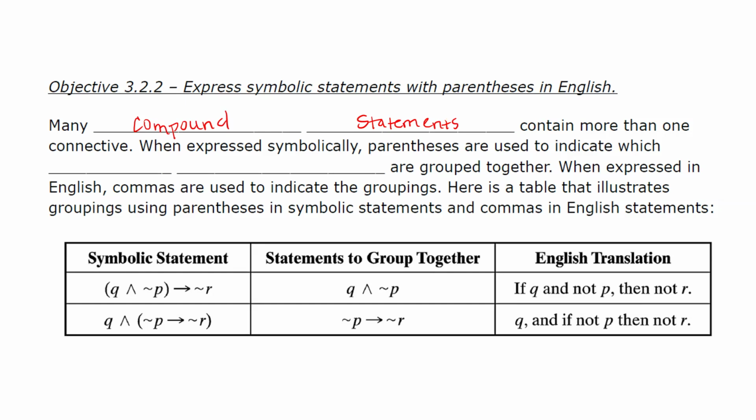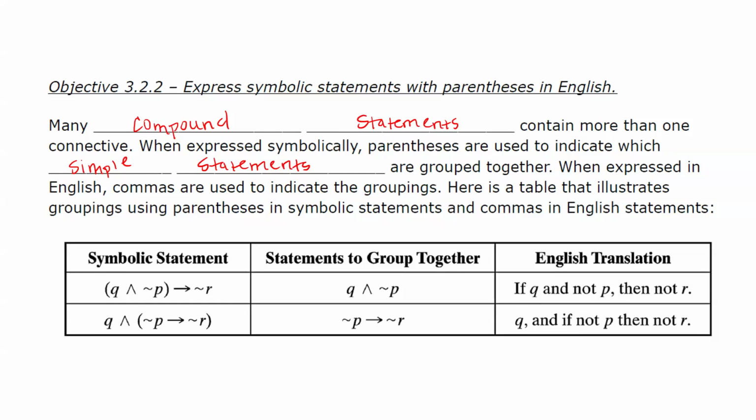When expressed symbolically, parentheses are used to indicate which simple statements are grouped together. When expressed in English, commas are used to indicate the groupings. Here's a table that illustrates groupings using parentheses in symbolic statements and commas in English statements.